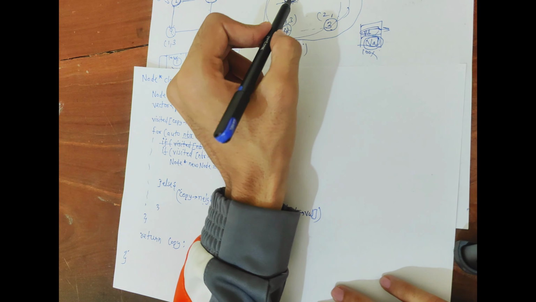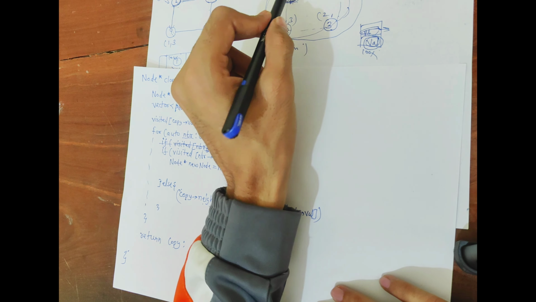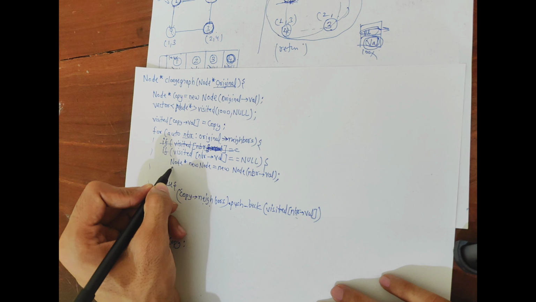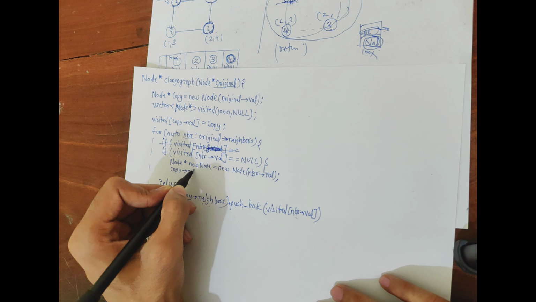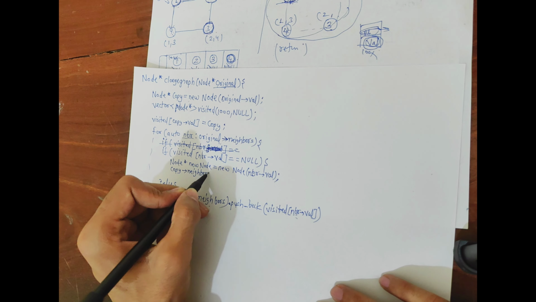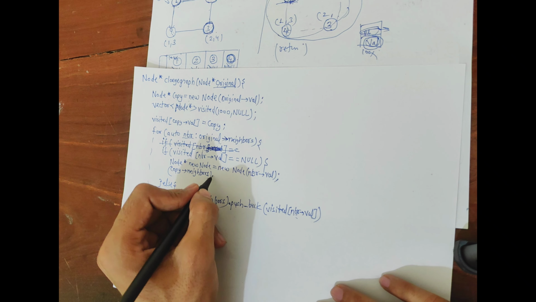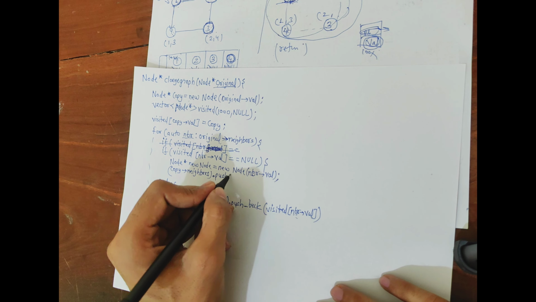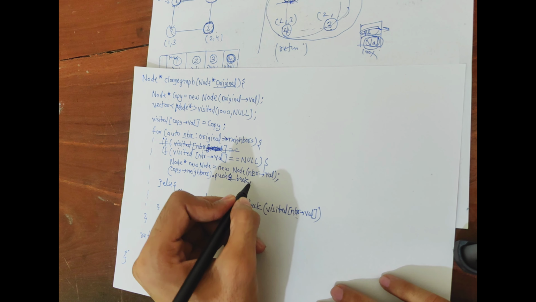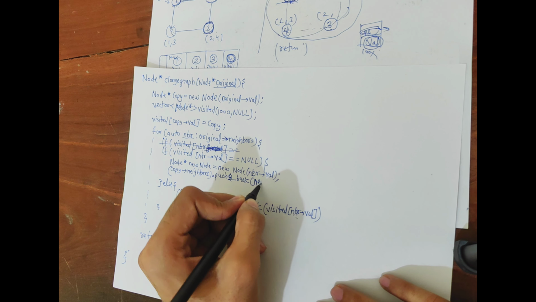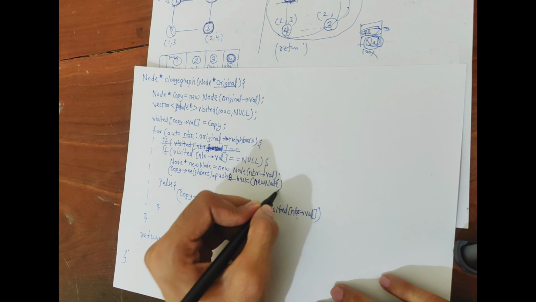After creating, I need to push this 2 into 1's neighbor. So I will say copy neighbor, copies neighbor. I will push back this new node, right?